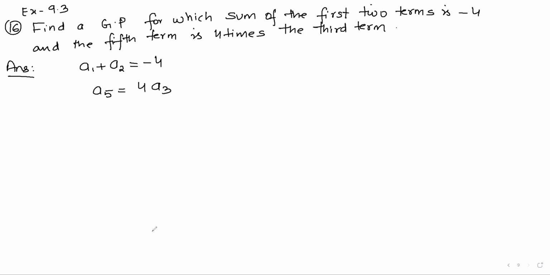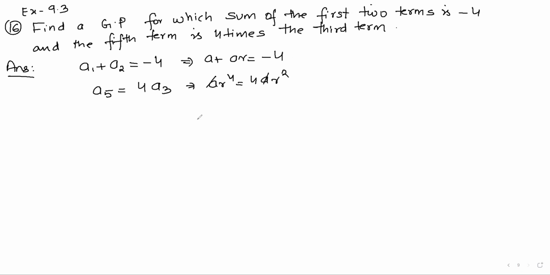Sir, I had done this much, what to do after that? Okay, just put the value. Let the first term be A, common ratio be R. So can we write A plus AR is equal to -4? And similarly, we can write AR to the power 4 is equal to 4 times AR square. Yes sir, done. Okay Sparsh, very good. So Noma, from this you can find the value of R. Yes sir, now it will be done.